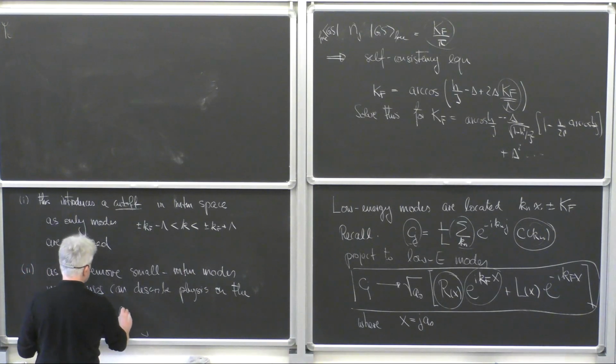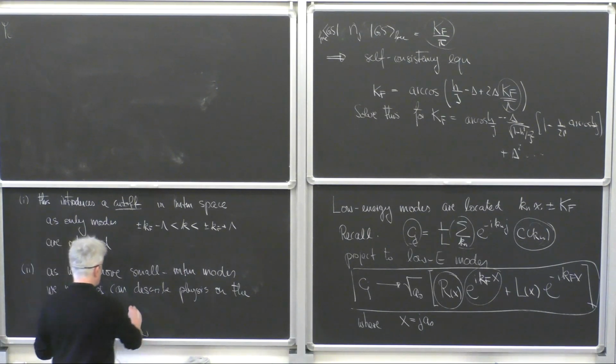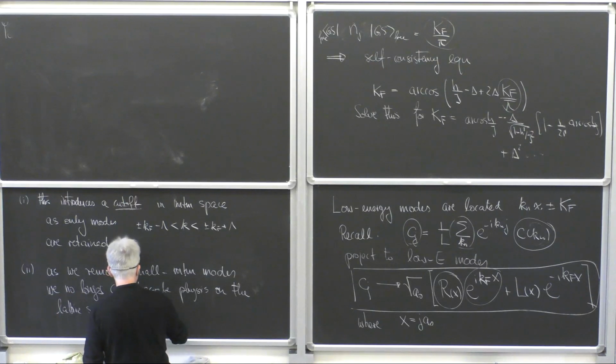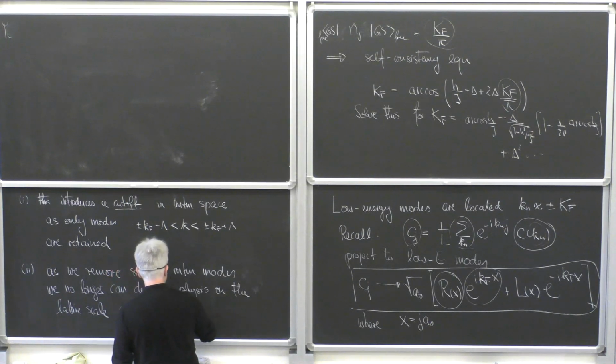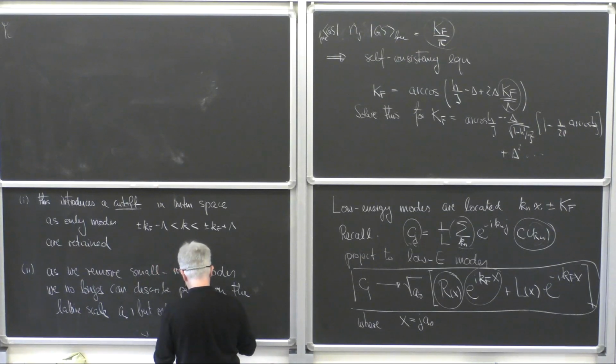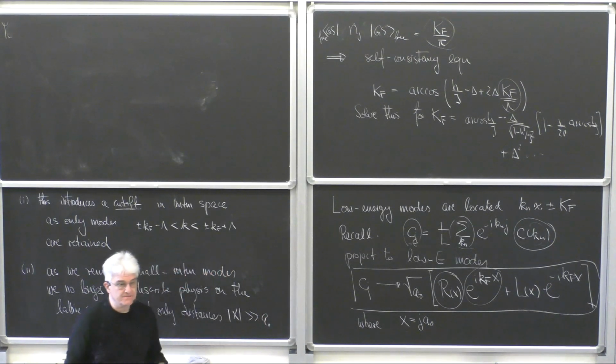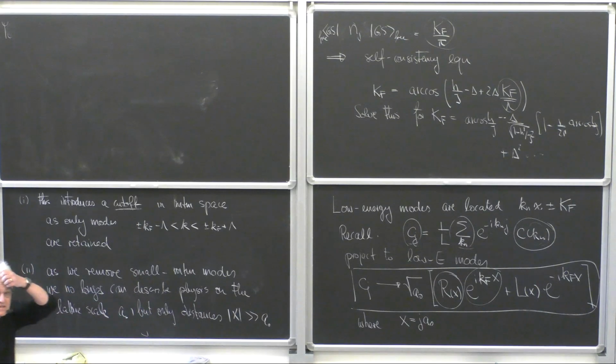The lattice scale is a naught, and we can only describe distances x which are much larger than the lattice spacing. This is a fundamental feature of any quantum field theory limit.